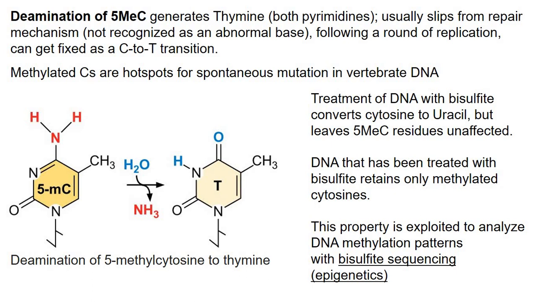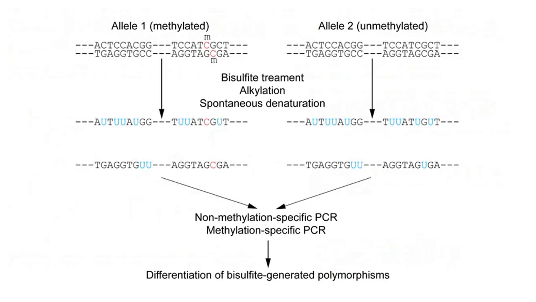To study cytosine methylation, we use bisulfite sequencing, which we already talked about when we were discussing DNA methylation and epigenetics. When you treat DNA in vitro with bisulfite, it converts cytosine to uracil, but it will not convert methylcytosine. Methylcytosine stays as such, and that way we can know which cytosines are methylated and which ones aren't.